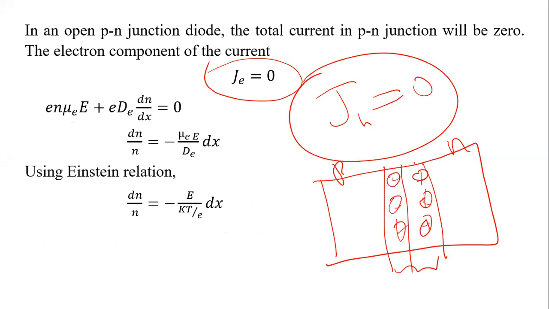This has a built-in potential, we call it VB, and this built-in potential prevents any further diffusion of free electrons to this side and diffusion of holes to this side. So in the absence of any battery connection, it prevents current across the PN junction. Therefore, the current across the PN junction is zero without any external potential supply.